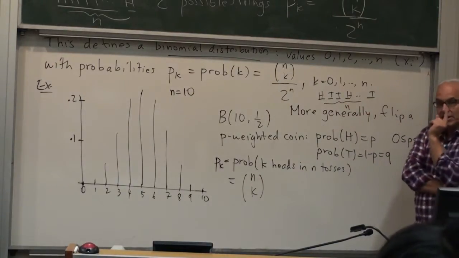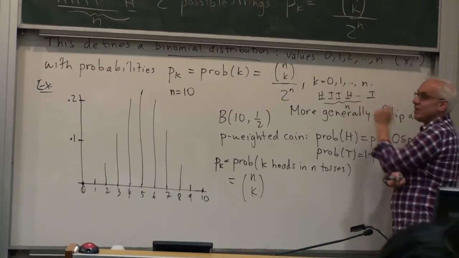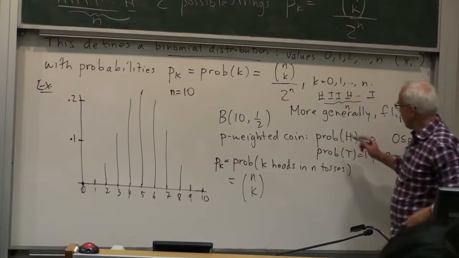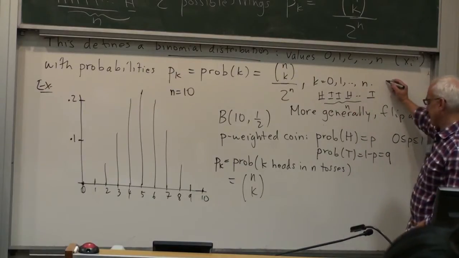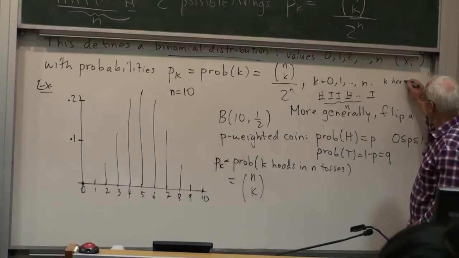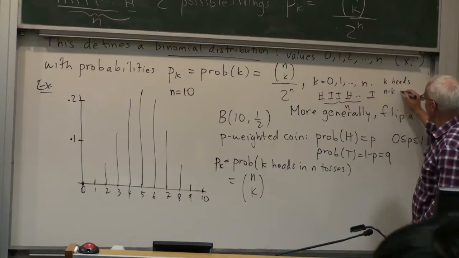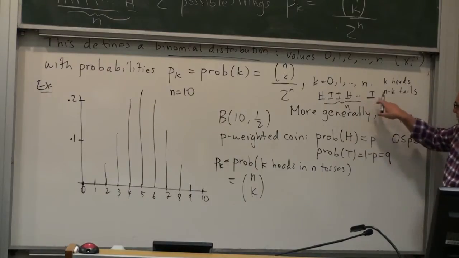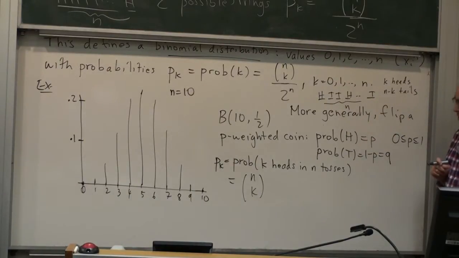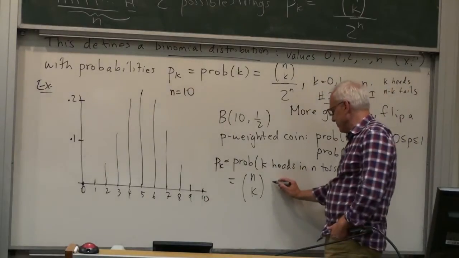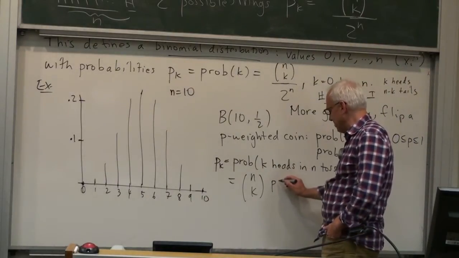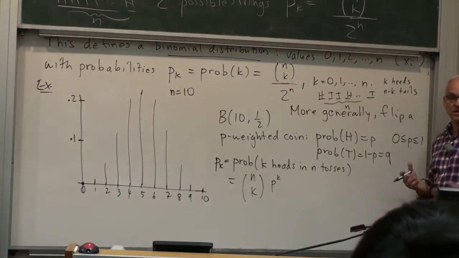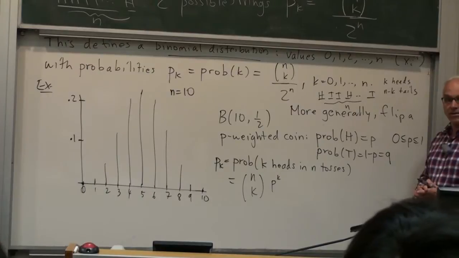But now the probabilities of these strings are not all equally likely. Okay? So if we have a situation where we have K heads and N minus K tails, then the probability of that happening will be, well, it's going to be P times P times P, 1 P for each of the K possible places where the heads can occur.